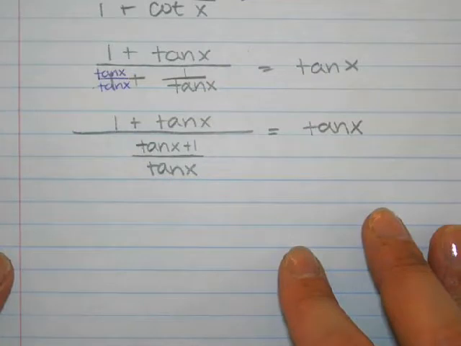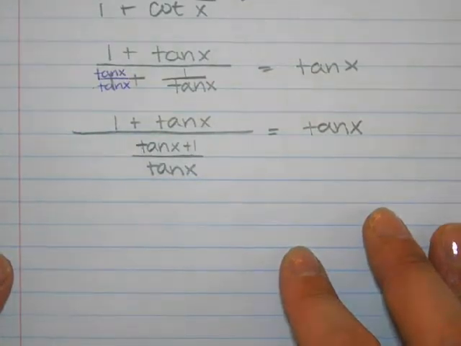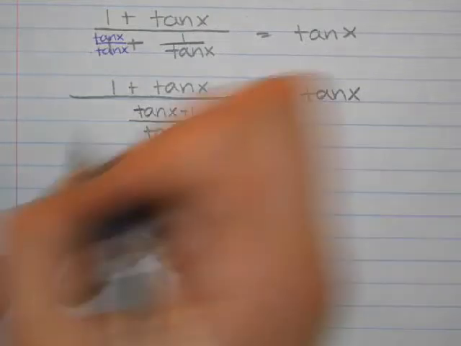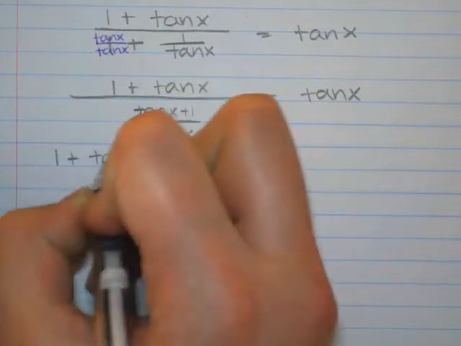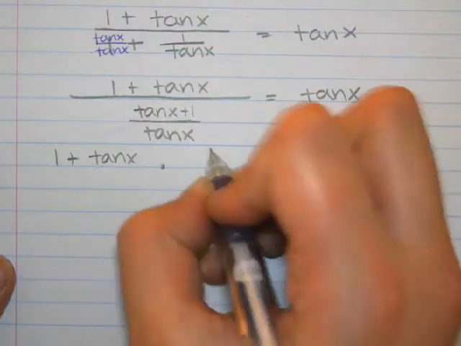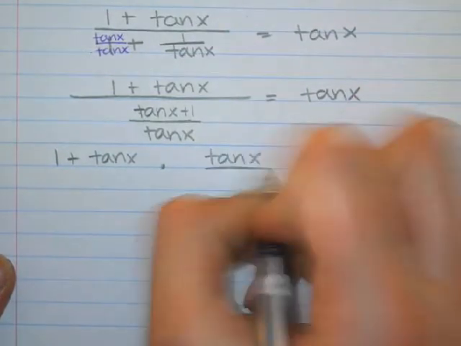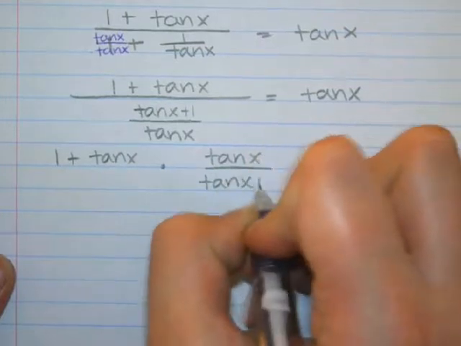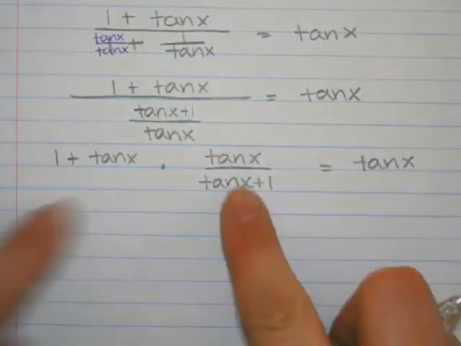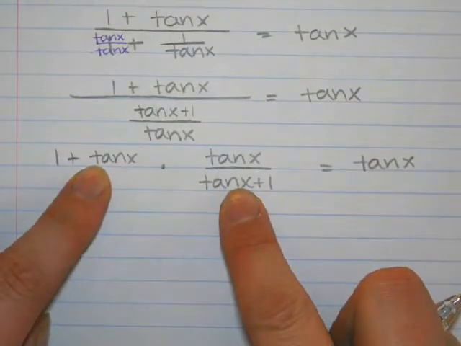Okay. And then what do I do? Yeah. Keep, change, flip. So keep the top the same. Change it to a multiplication problem. Flip the bottom up. And so this part on the bottom and this part on the top can cancel.